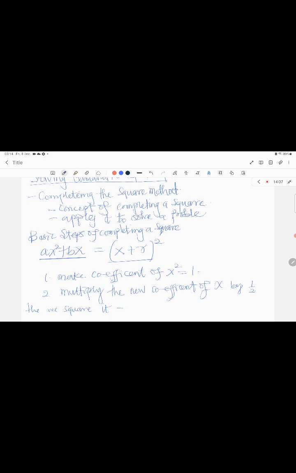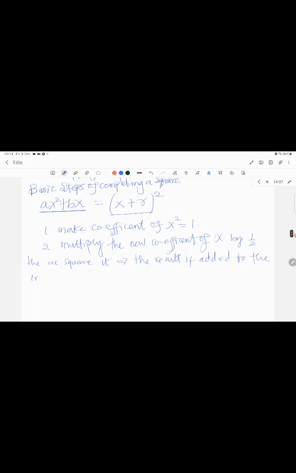Then the result, if added to the initial expression, has become a perfect square.